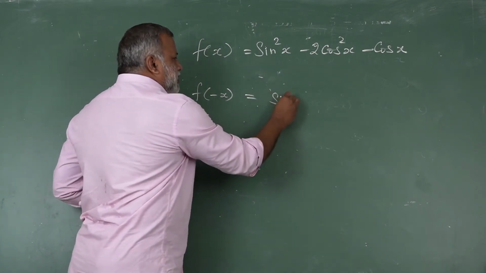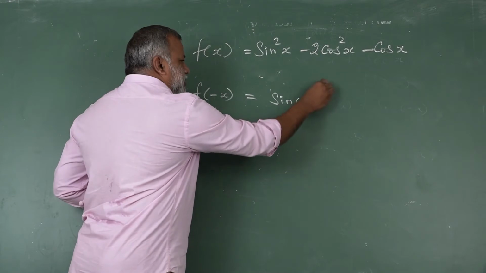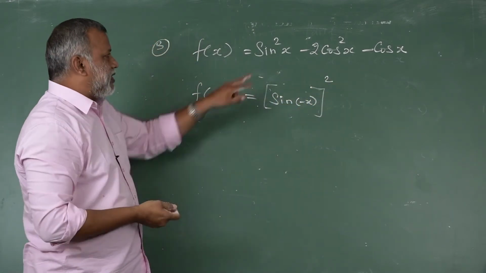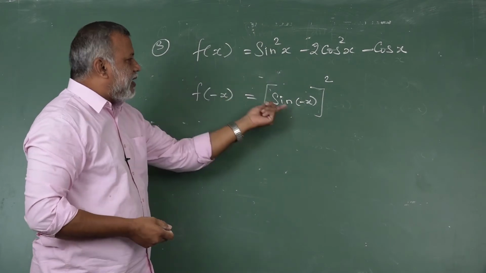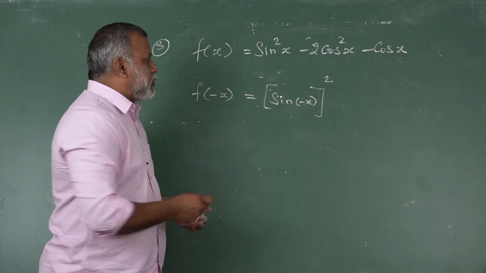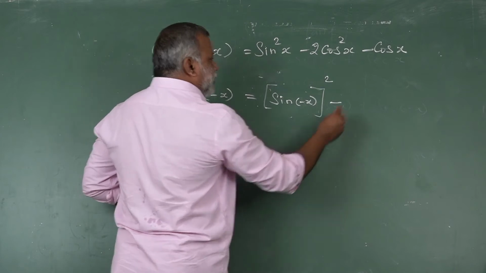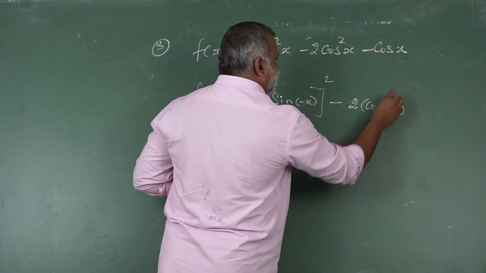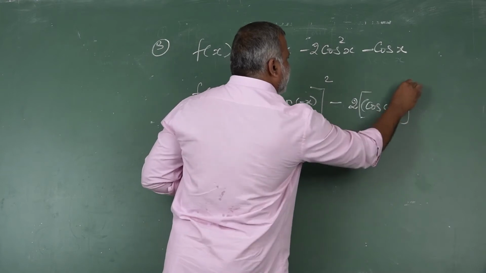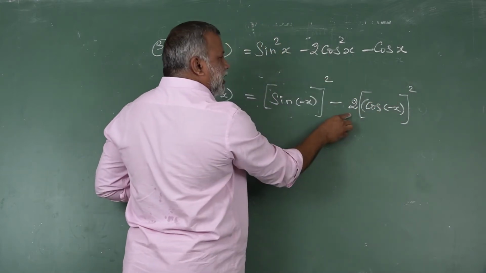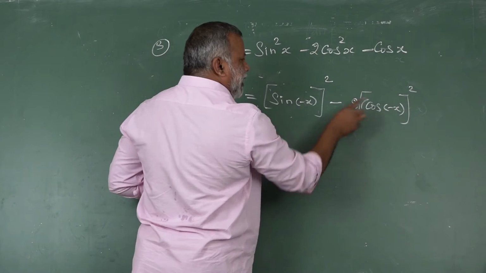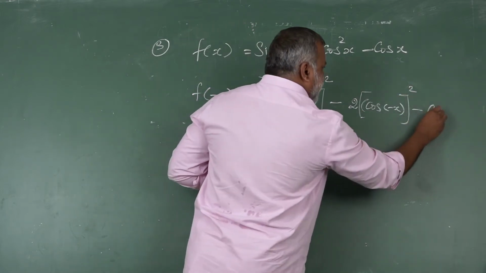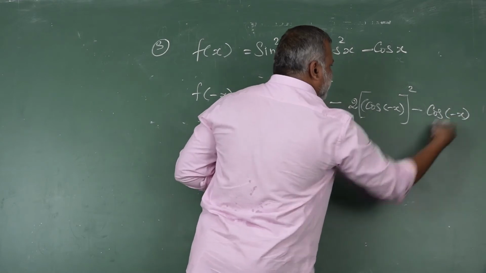Now sin of minus x, as I just explained, take the whole square formation. Sin squared x is nothing but sin of minus x whole square. Again negative 2 cos of minus x, again squared. See here, 2 is the coefficient, cos squared x can be written as cos of minus x the whole square. Again negative cos of minus x.